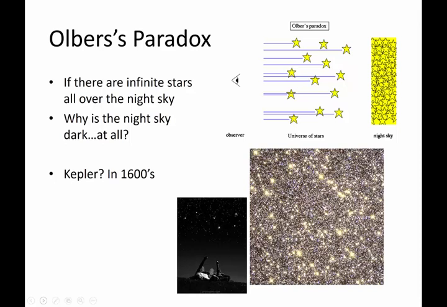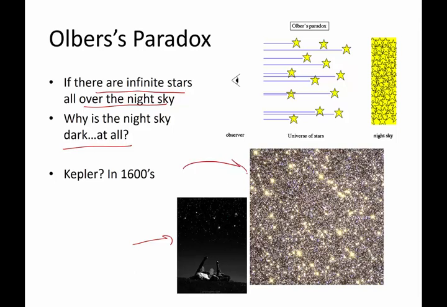One of the first questions that cosmologists asked was this one. If there are an infinite number of stars all over the sky, why is the sky dark at all? Because if there are just a few stars hither and thither, well, then there are dark spots in between.